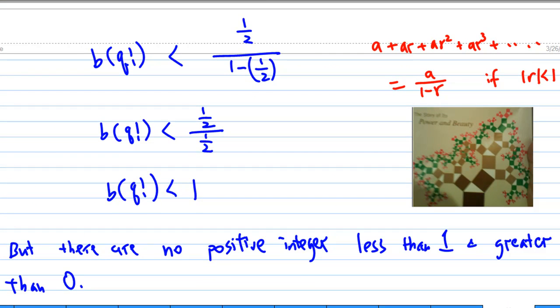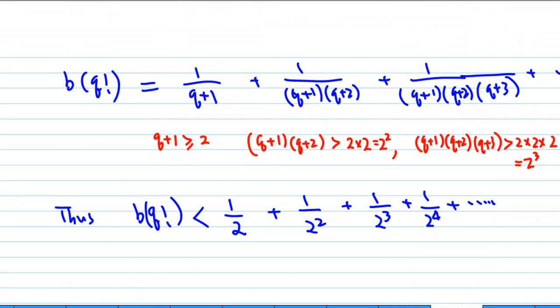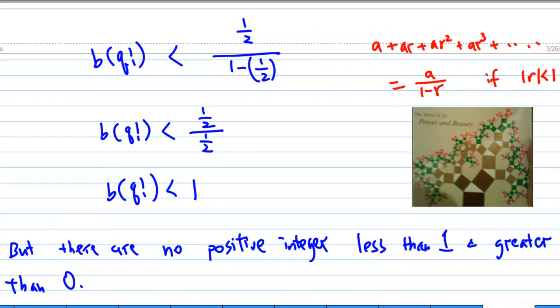Apply this to the infinite series: one half is my a here, and the common ratio r is also one half. Therefore, b times q factorial will be less than one half over 1 minus one half, which is 1. That means b times q factorial will be less than 1.